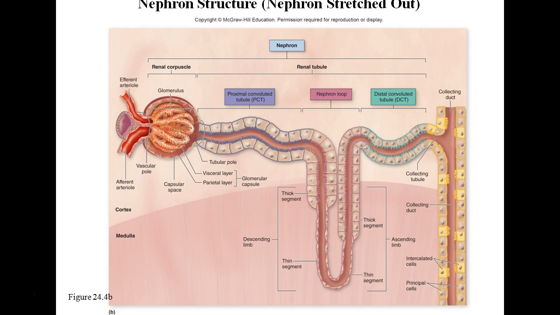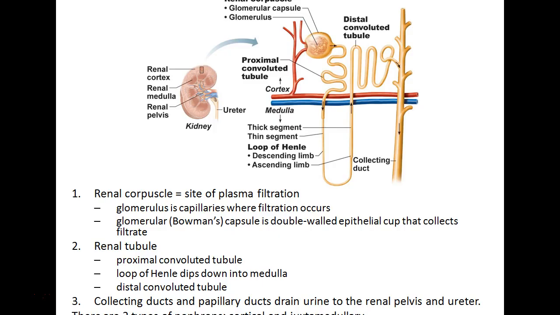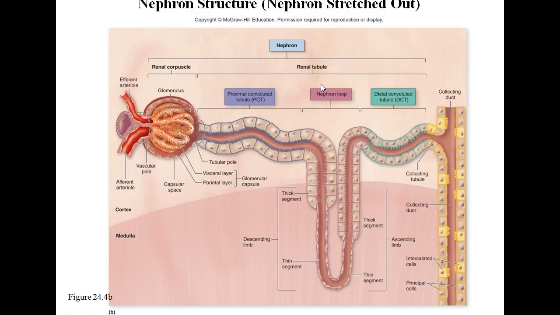After our renal corpuscle, we arrive at the renal tubule. Our first stop is the proximal convoluted tubule. We see why it gets its name. Proximal because it's close to the glomerulus, and convoluted because it appears convoluted in nature. From this proximal convoluted tubule, we reach a structure called the nephron loop.